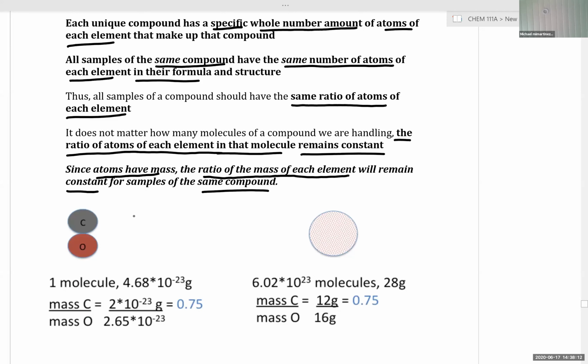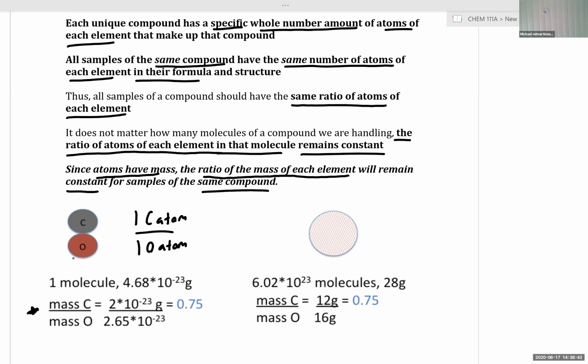So in carbon monoxide, we have 1 carbon atom for every 1 oxygen atom. In terms of masses, we'd have the following mass ratio shown here. So the ratio of atoms is the same for the same sample of carbon monoxide.